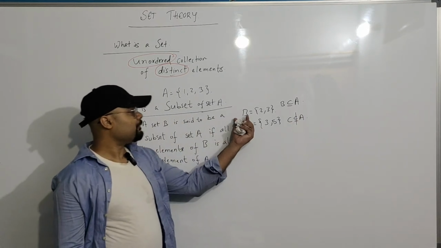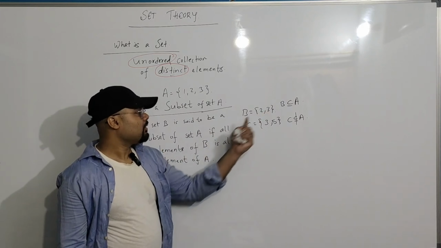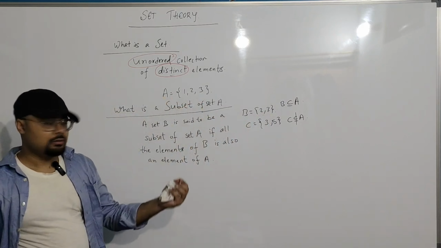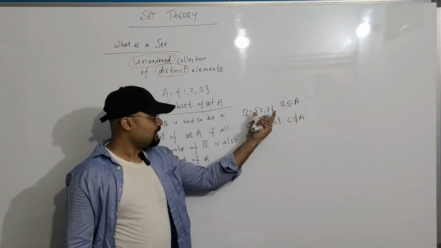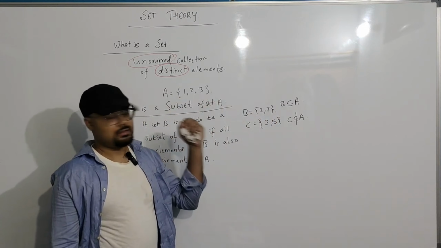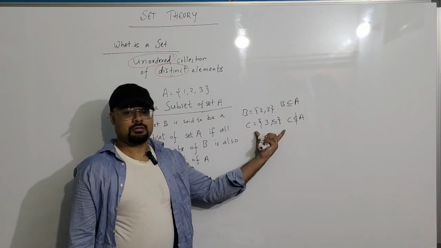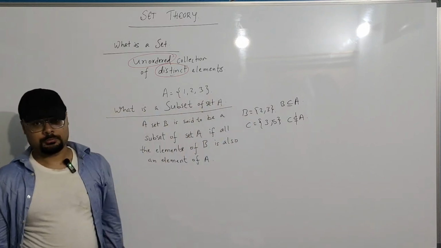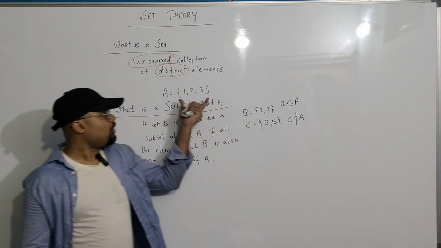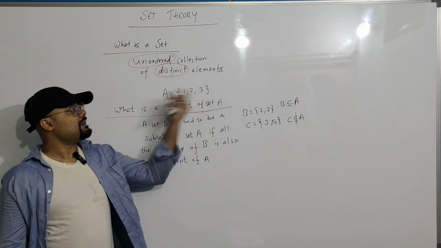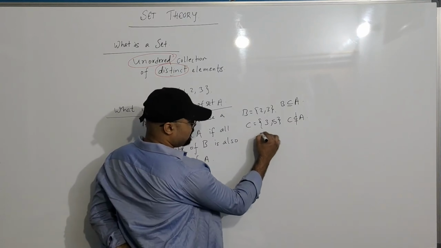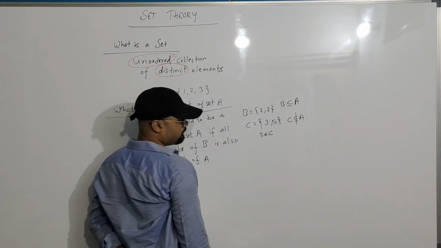Because all the elements of B, which are 2 and 3, are also in A. But elements of C are not from set A alone, because C contains 5, which is not an element of A.